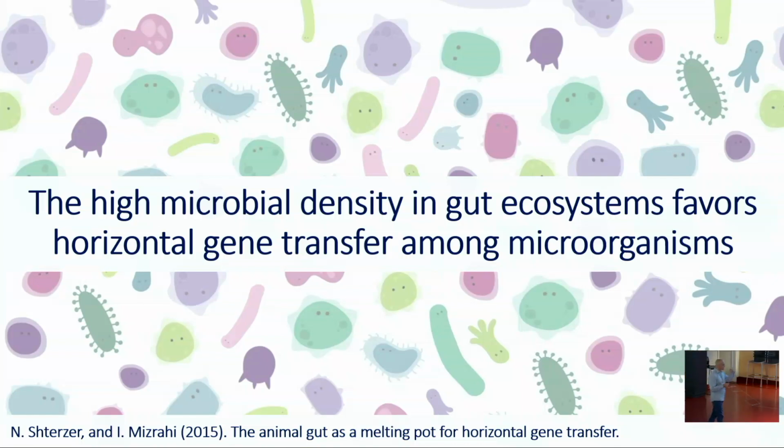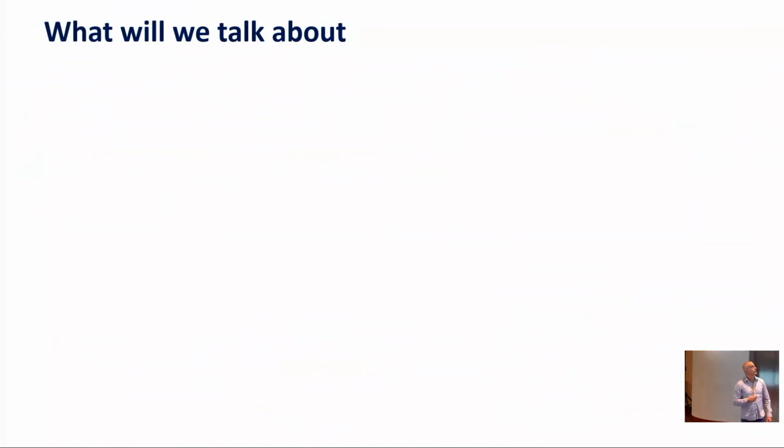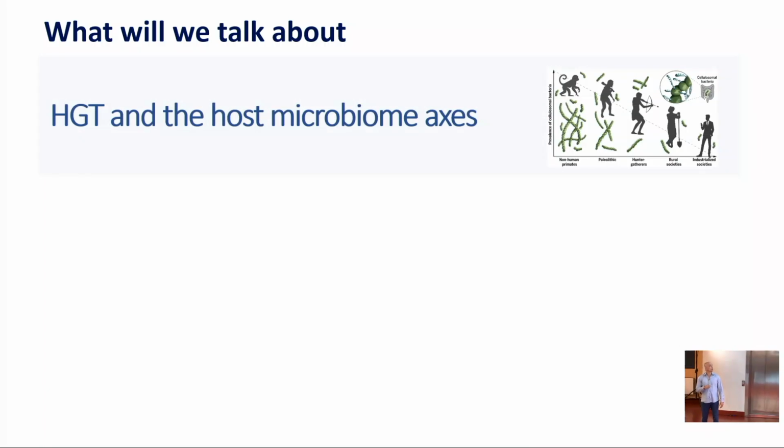And encapsulating this idea, today I'll be talking about 3 different topics, or 3 recent works from our group, trying to look at the holobiont through this lens. We'll start by talking about horizontal gene transfer and its effect on the holobiont or the host-microbiome axis.